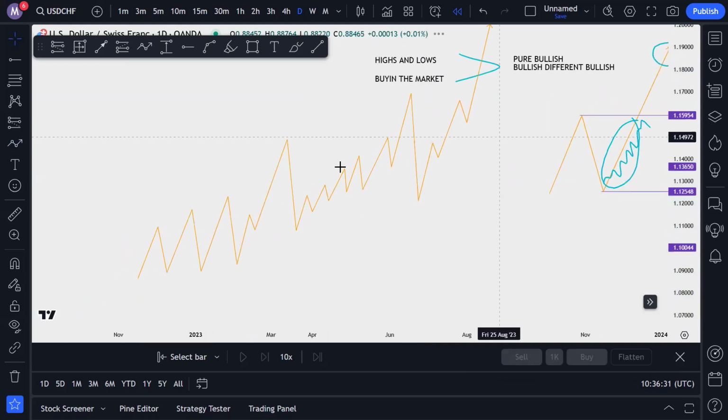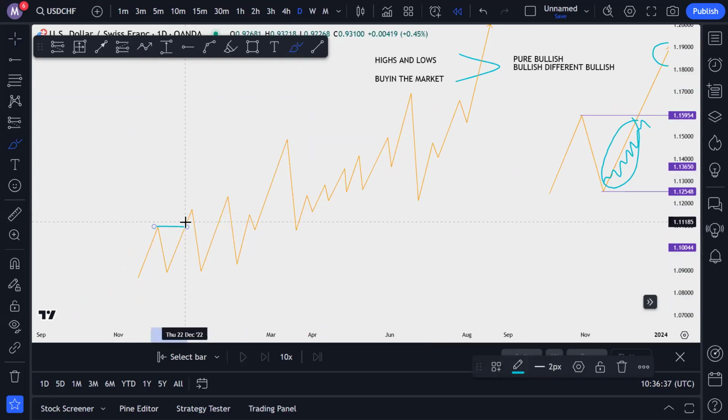Okay, so let's assume that is our uptrend. So we know our price broke the structure here, then our price broke the structure there. When price broke the structure, it performs what we call the break of market structure.